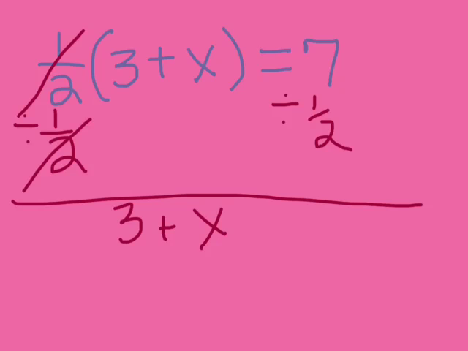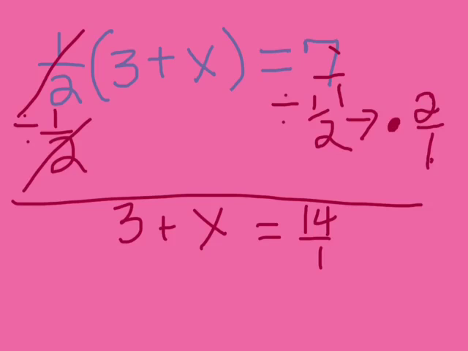But over here I'm going to rewrite dividing by a half as its reciprocal, times 2 over 1. So I'm going to now think of 7 divided by a half as 7 times 2 over 1. Well, 7 over 1 times 2 over 1, 7 times 2 is 14 over 1, which is really just 14.